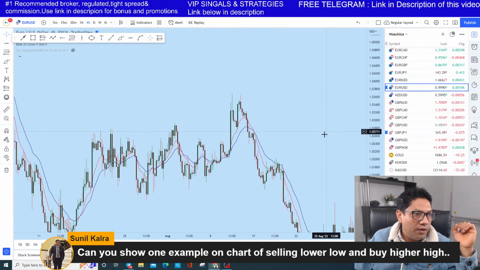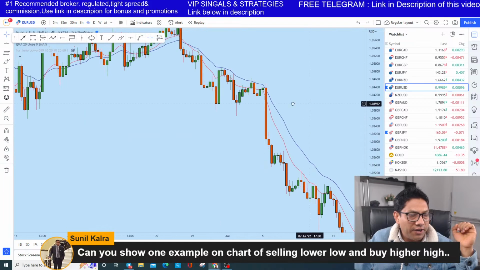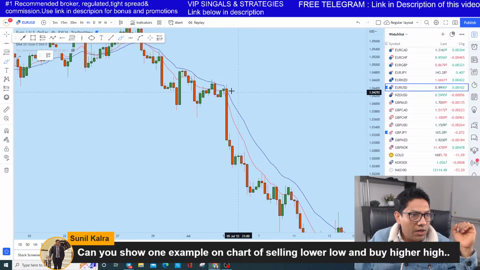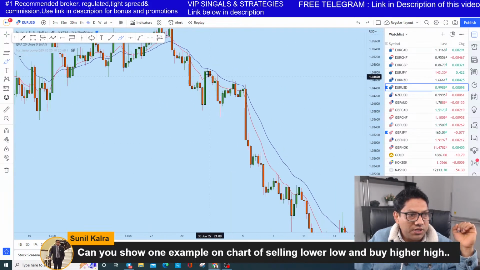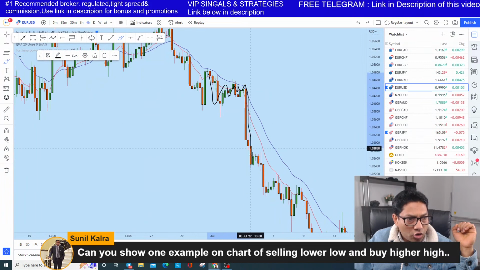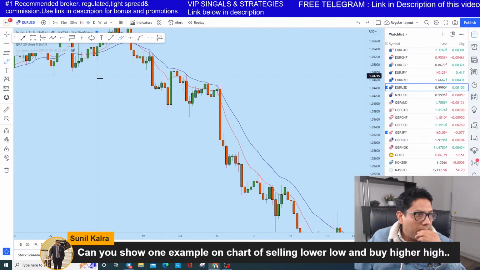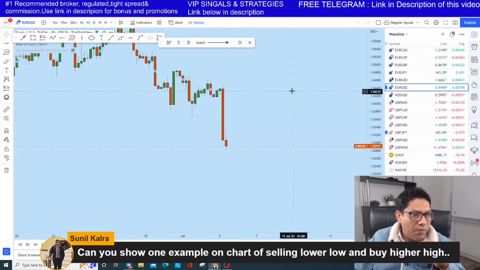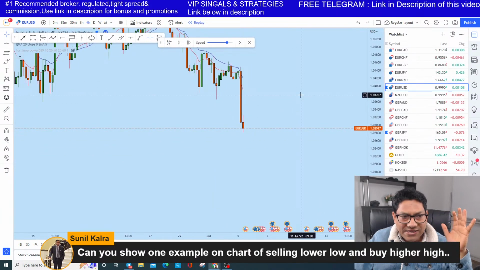Now look at this market here. A big drop happened, right? It's a huge drop, a big move. When you see a consolidation and a big drop, for example, look at this candle here.